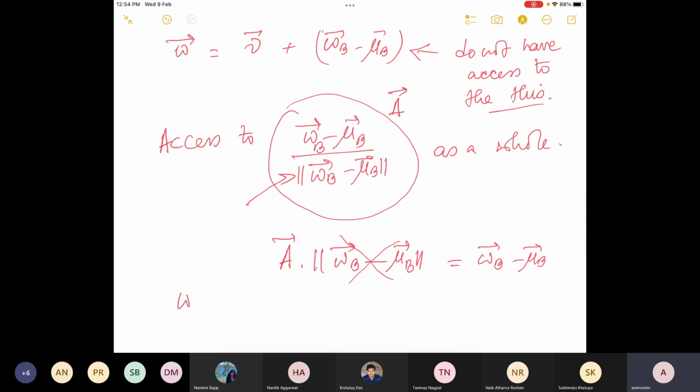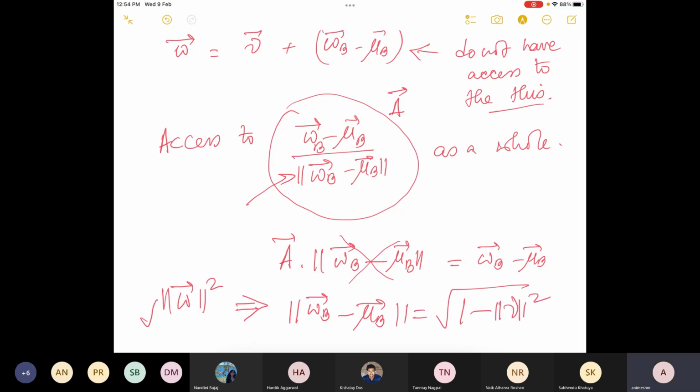What was the constraint that we just obtained? If this constraint has to be satisfied, then WB minus mu B should be equal to 1 minus mu square.